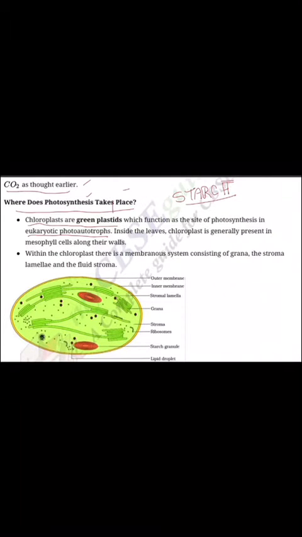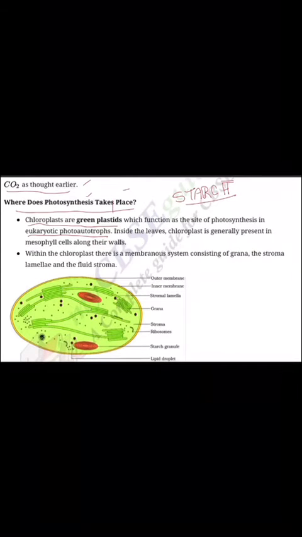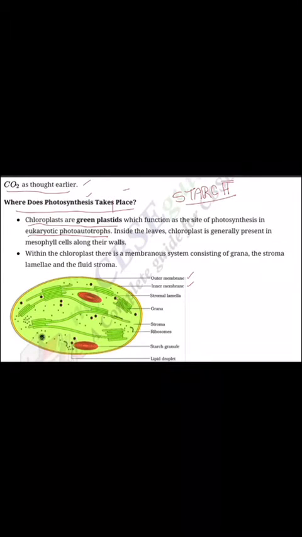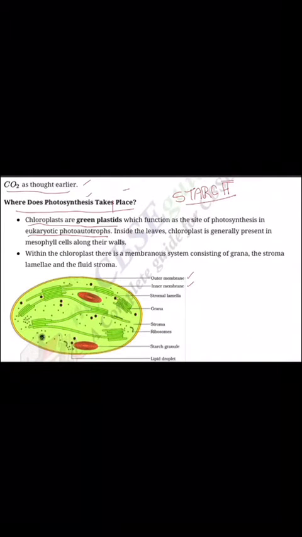It is almost egg shaped or oval shaped, and it has got a double membrane, one outer membrane and inner membrane. Obviously these are for protection. And just inside this there is a ground tissue which is called stroma.